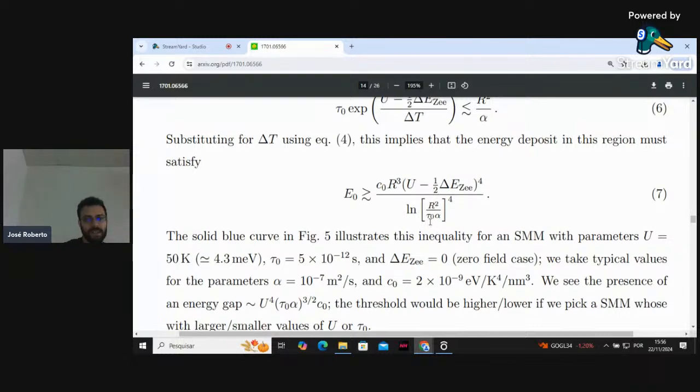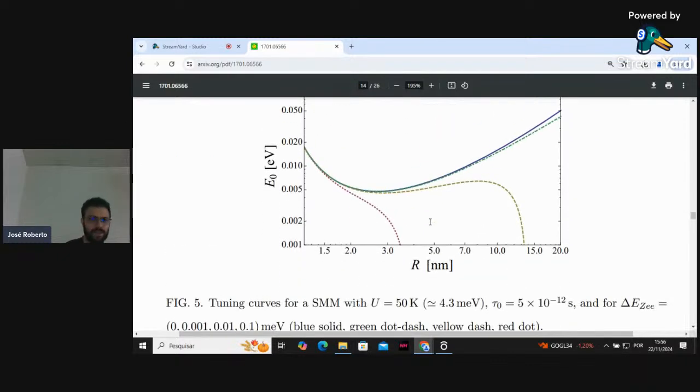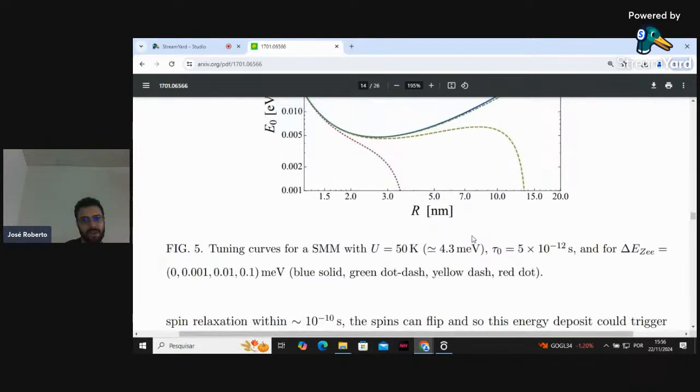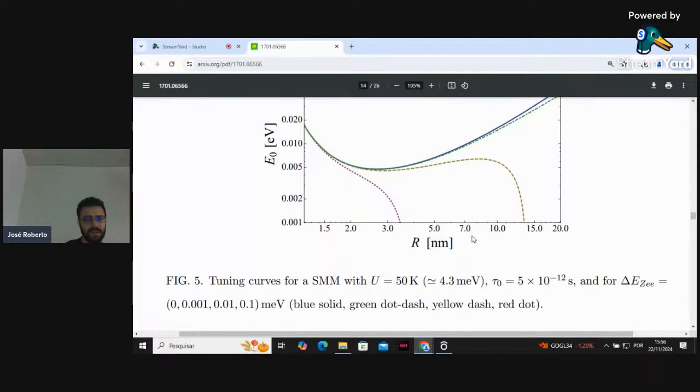The important part is here. The dotted and dot-dashed lines are the ones where we do not have a non-zero magnetic field. You can see that the energy deposit goes to almost negative values, which means that once you have a magnetic field on, you can have a very low threshold energy for the deposit.